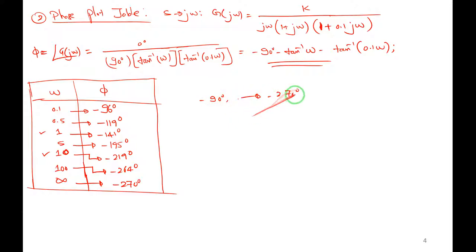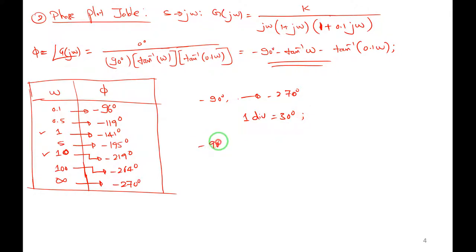So let me take one division equal to, let me check it, 90 plus 30, I will go on adding 30. I think that is sufficient. I think 1 division equal to 30 degree or 15 degree. Let me take 30 degree, right?